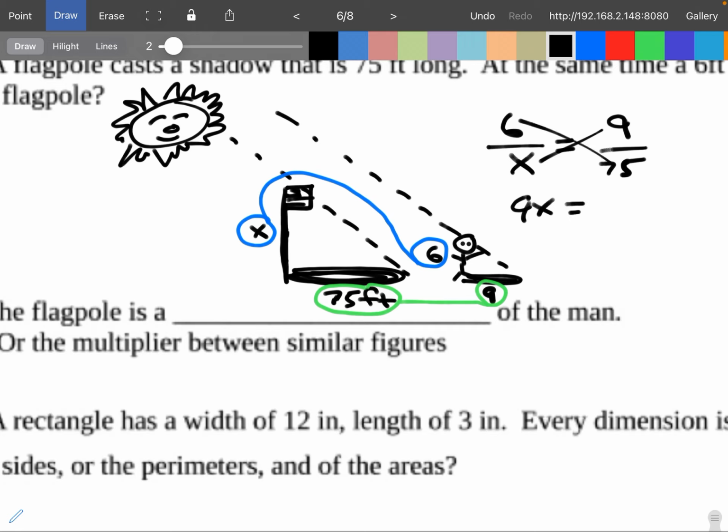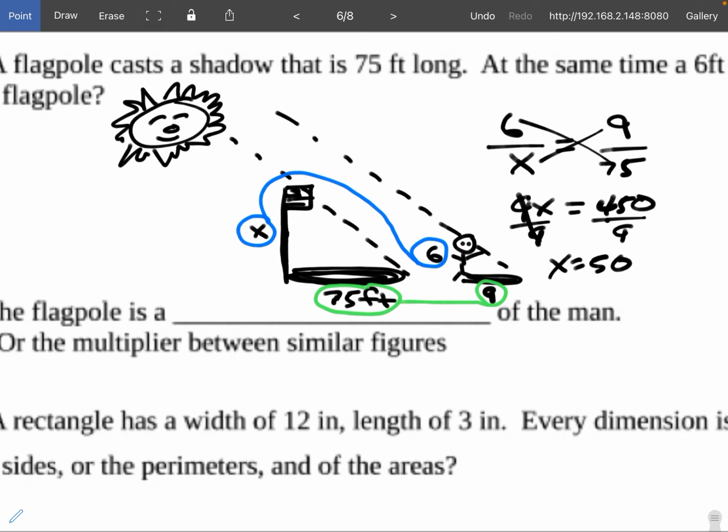All right, so then we just do our cross products again. So we got 9 times X, that's 9X. And then we do 6 times 75, that's 450. And then we divide both sides by whatever number's in front of the variable, X equals what? 50.